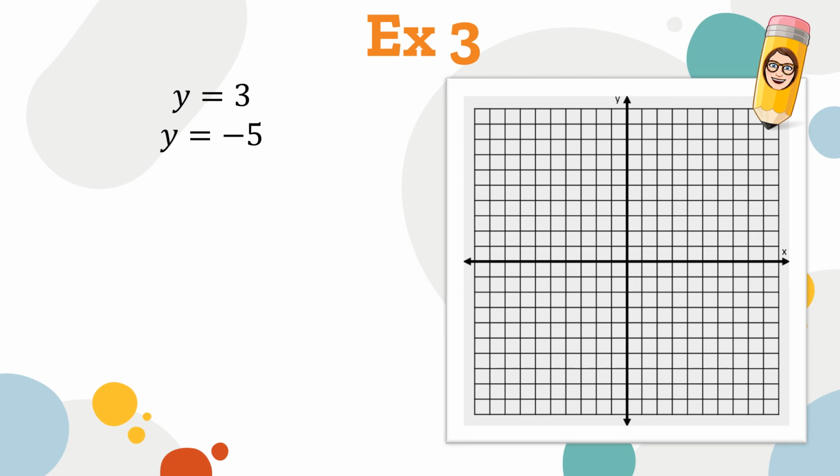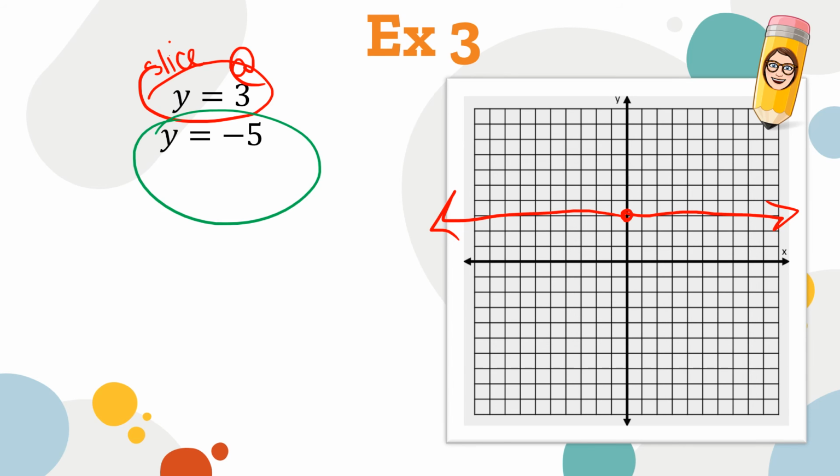Let's try one more. Don't forget we will be graphing horizontal and vertical lines. If it's one letter, one number, slice, remember this is a Mortvet thing, slice the y-axis at 3. Slice the y-axis, which means it's horizontal through 3. And the next one says slice the y-axis at -5.